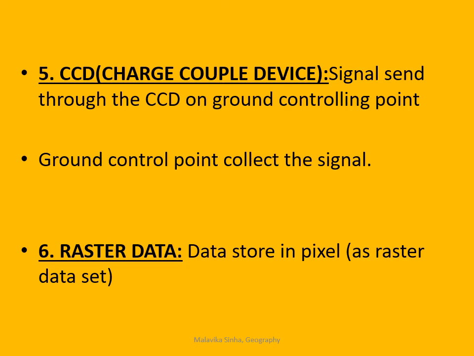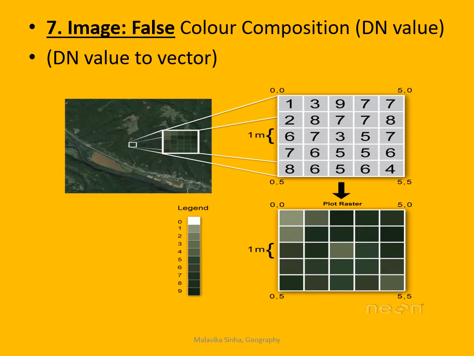After collecting the signal, they store the data in the form of pixels, that is, as a raster dataset. Raster represents the data as a cell or grid matrix. It is an arrangement of the dataset in particular rows and columns. Each row and column represents information about the Earth's surface, and each grid cell or pixel is described with a numerical value, called the DN value or digital number.